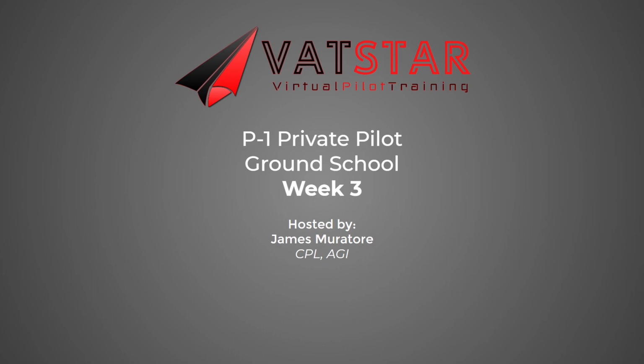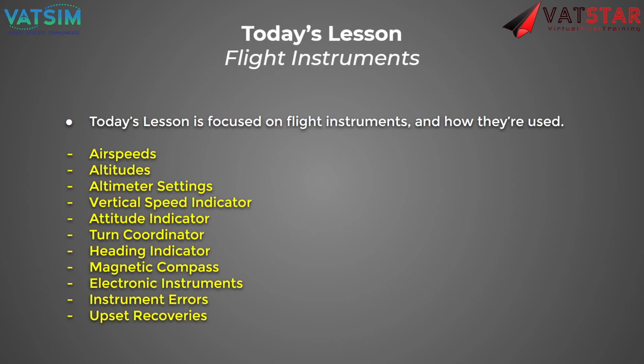Today it's going to be a pretty short lesson. I don't think we'll go over half an hour. This was one of the smaller units that we had. Today's lesson focuses on flight instruments and how to interpret them and how they're used.